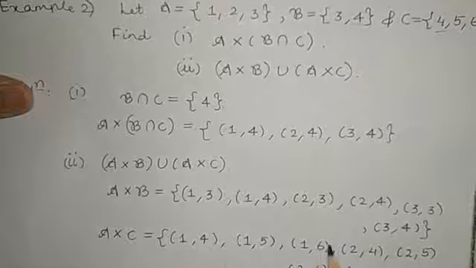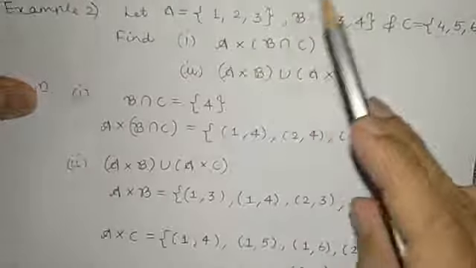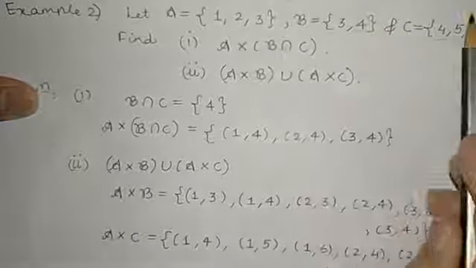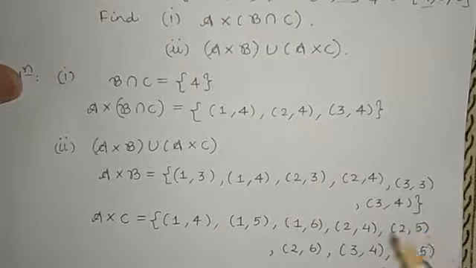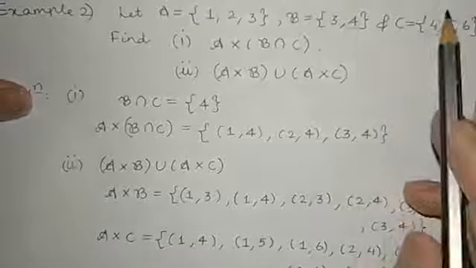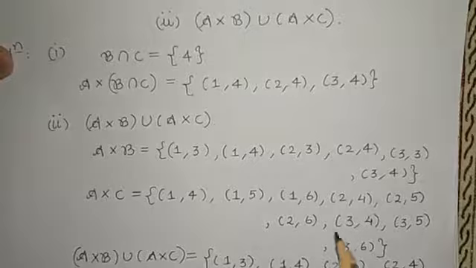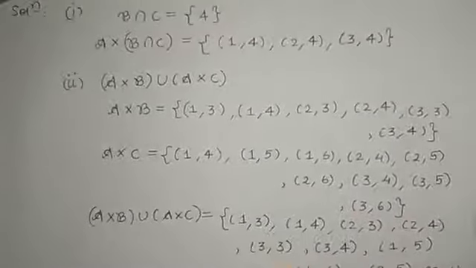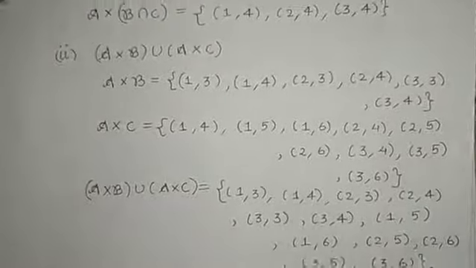Similarly you can do (2, 4), (2, 5), (2, 6), then (3, 4), (3, 5), (3, 6). Now you got the sets A cross B and A cross C.